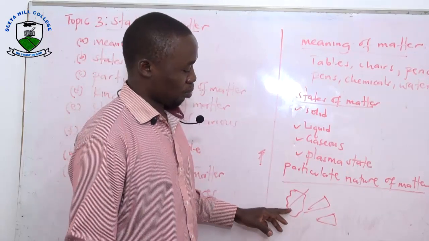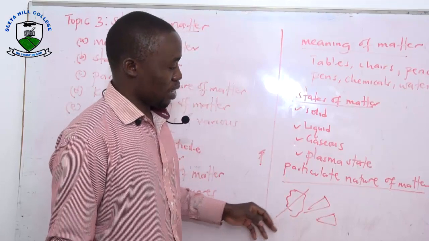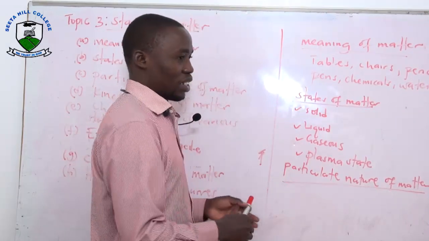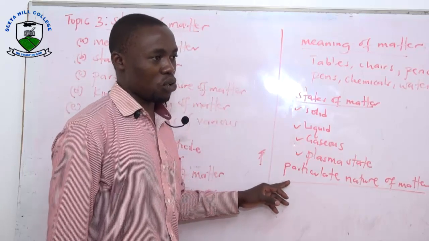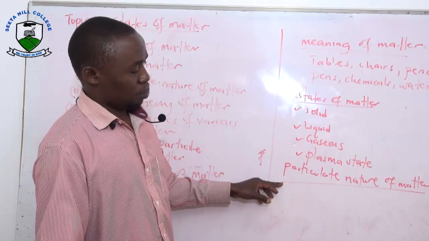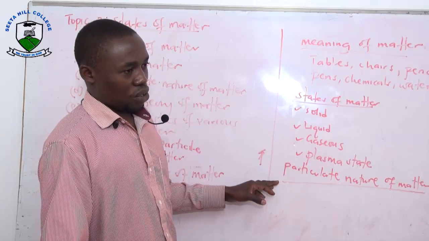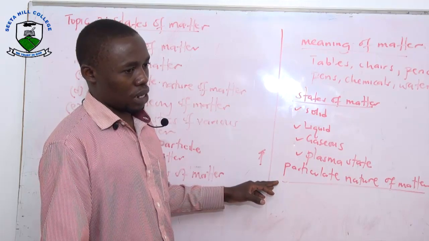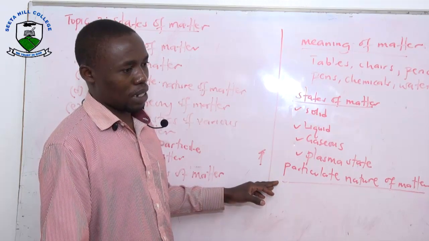Now, look here. Let me write some of the scientific theories that scientists gave about matter. Then we shall go into details here. Scientists gave theories. A theory, as we saw earlier, is just an idea explaining a fact.